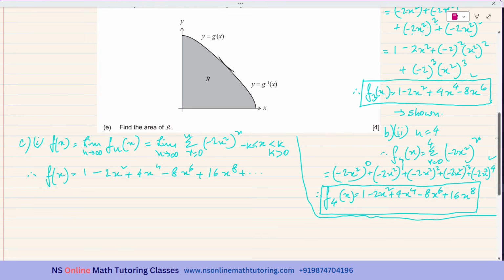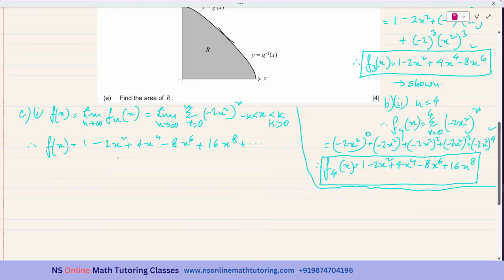Now, this is an infinite series, and we see that this is a geometric series because it has a common ratio.